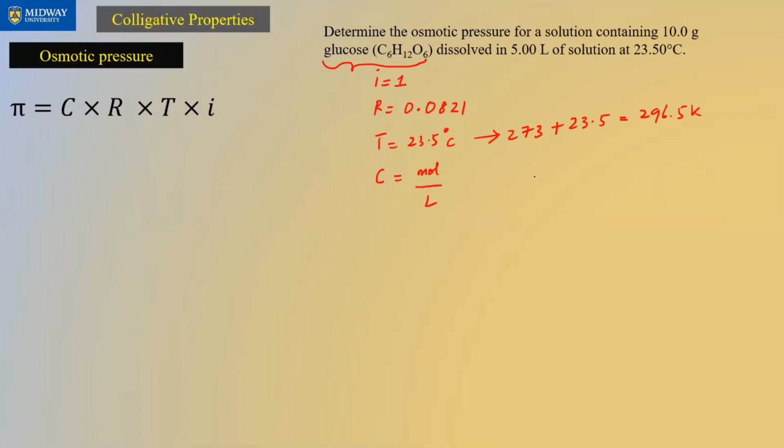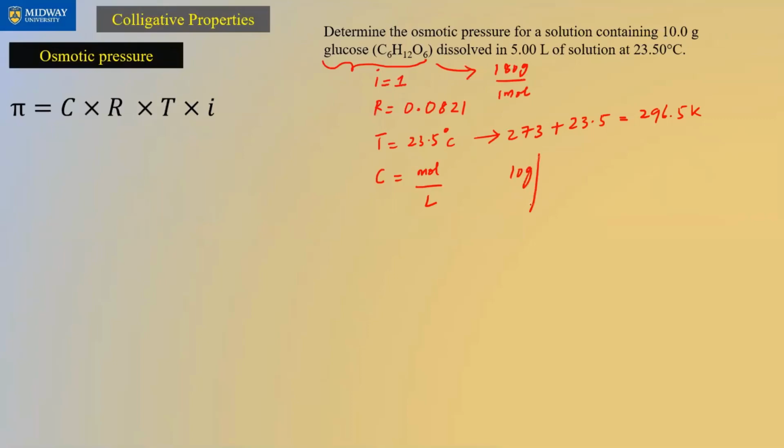Molarity is moles over liter, right? Well, glucose is 12 times 6 plus 16 times 6 plus 12, which is 180. So the glucose molar mass is 180 grams over 1 mole. And we're starting with 10 grams of it.